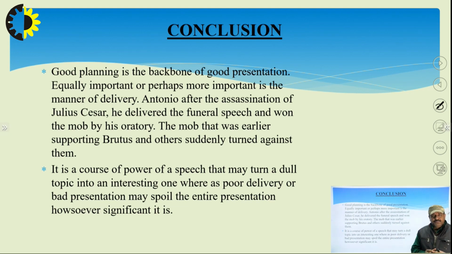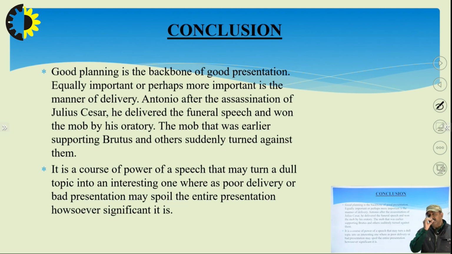When Julius Caesar was killed, the mob, the public, was against Caesar and in favor of Brutus. But Antony enters at that time and delivers such a speech that he suddenly turns the mob, which was earlier against Caesar, against Brutus. Now the mob is with Caesar and against Brutus.